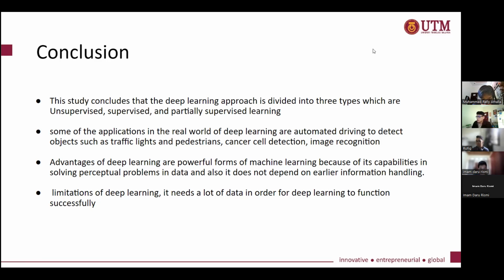The advantages of deep learning are that it is a powerful form of machine learning because of its capabilities in solving perceptual problems in data, and it does not depend on earlier information handling. And the limitation of deep learning is that it needs a lot of data in order to function successfully.